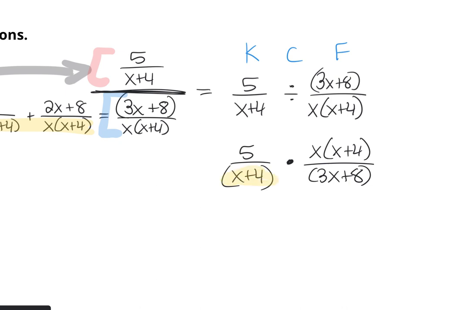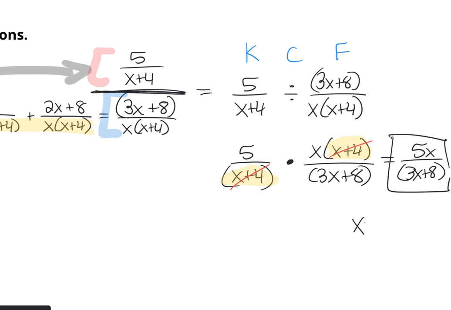So x plus 4 is here, and x plus 4 is there. That means those guys cancel out to just 1. Anything over itself is just 1. So we're left with 5x on top, and then 3x plus 8 on the bottom. 3x plus 8, remember, that's fully factored. So unless there is a matching binomial, nothing in that can be canceled off, okay? So that is our final answer.